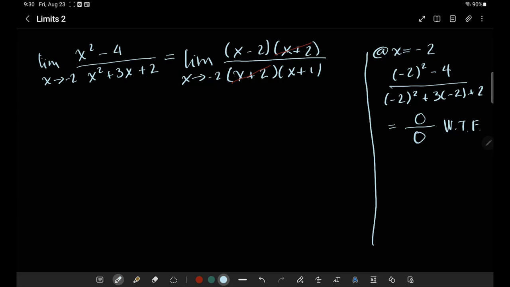But in the limit we are allowed to consider the function that matches our original function at every possible point, with the exception perhaps of x equals to -2. The function x minus 2 over x plus 1, which is what I obtained here, matches my original function at every point.